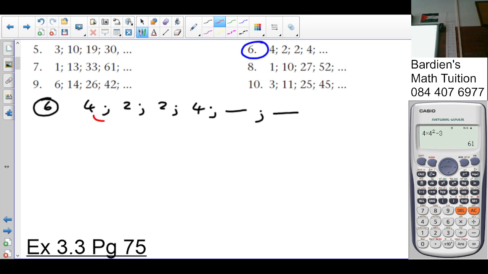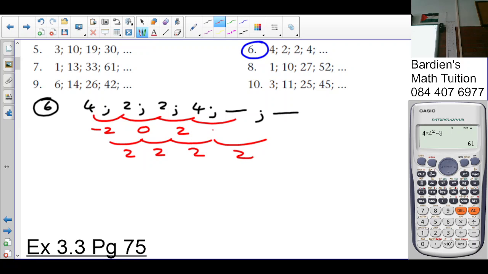So how do I move from one term to the next? Minus 2, then 0, then 2, then right. So here, what's the difference here? 2, then 2. So in other words, it's going to be 2. 2 plus 2 is 4. 4 plus 2 is 6. 6 plus 4 is 10. From there you can do anything.